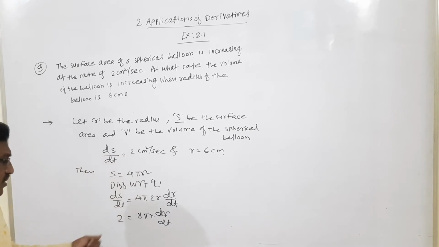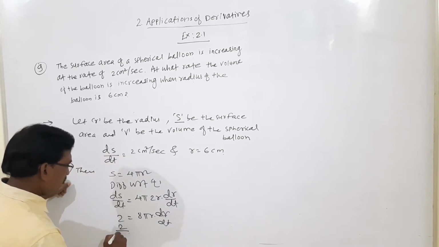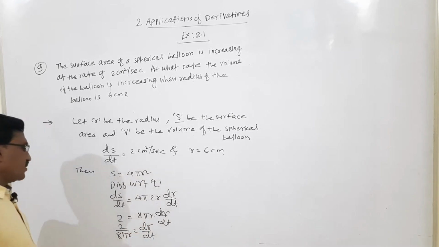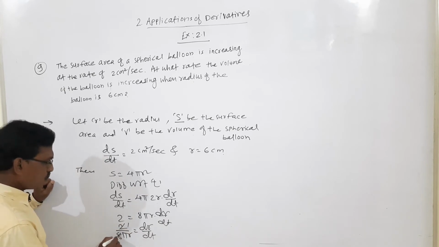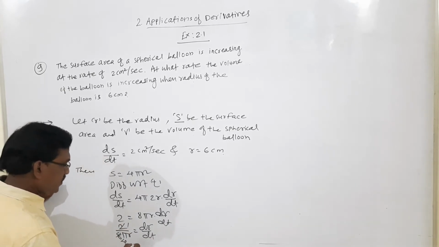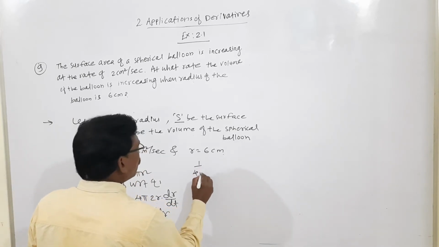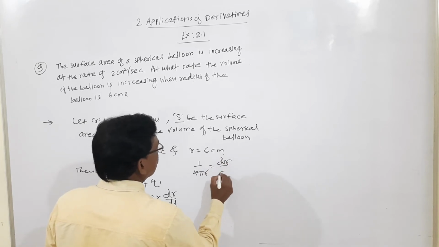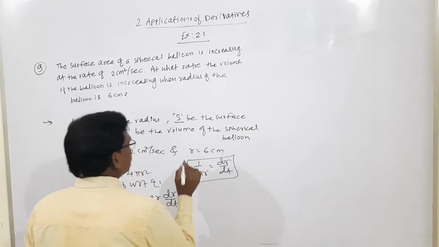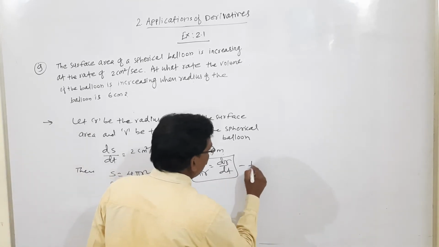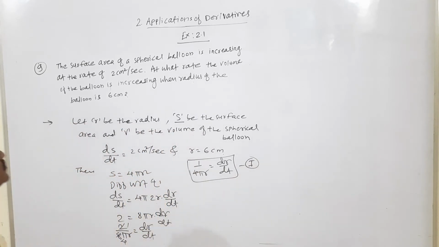Take this 8 pi r to the left hand side: 2 by 8 pi r is equal to dr by dt. 2 ones are 2, 2 fours are 8. So dr by dt is 1 by 4 pi r. Call this equation 1, which is the rate of increase of the radius of this balloon, dr by dt.